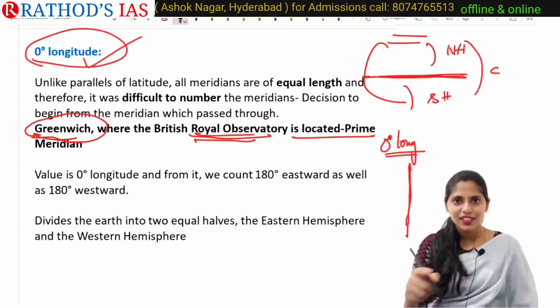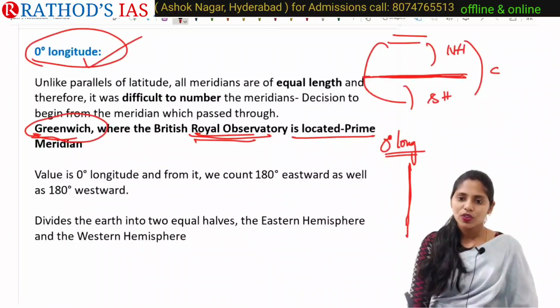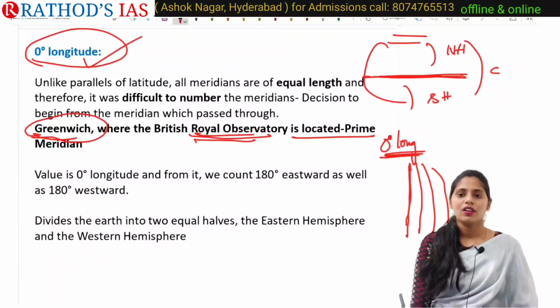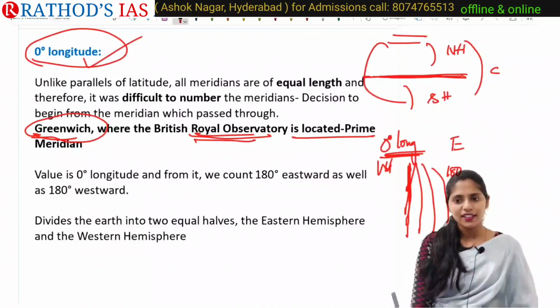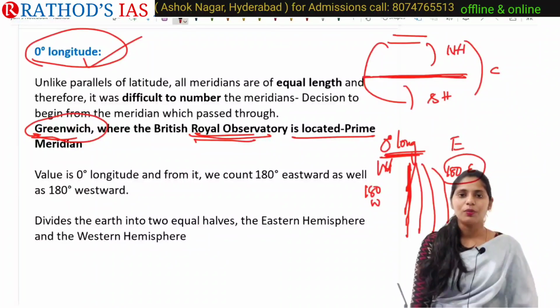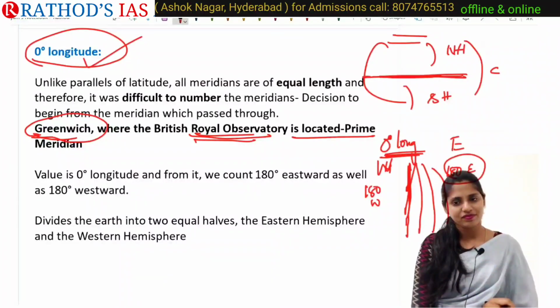They started numbering the longitudes. We have 360 degrees, right? So for every degree they started drawing one line. The first one is 0 degrees longitude, and they drew the other longitudes. This is the east part, this is west. To the east they have 180 longitudes, and to the west 180, and these 180 west and 180 east are the same line.